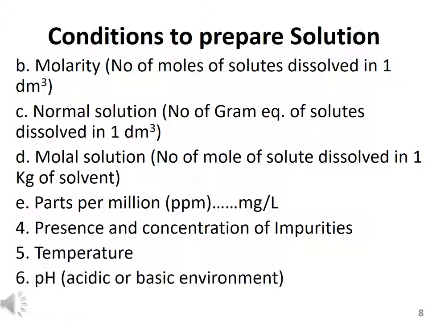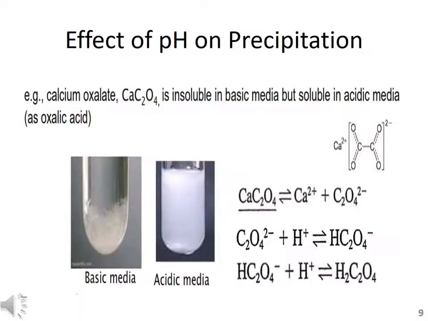And the last parameter is the pH. We will be very keen towards the environment of the reaction chamber, whether it is acidic or basic. In the next slide we will see what the impact of this acidity or basicity of the environment is on the gravimetric analysis.